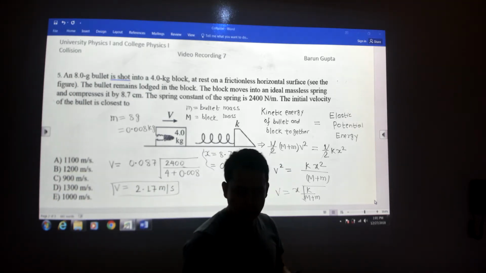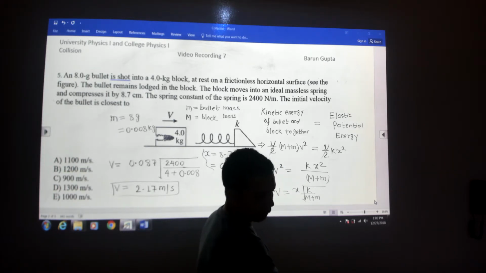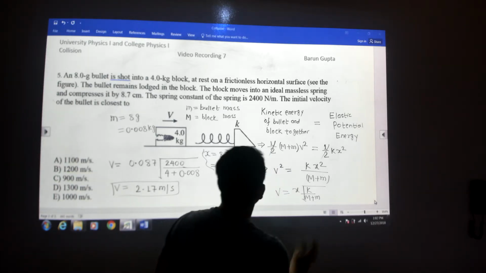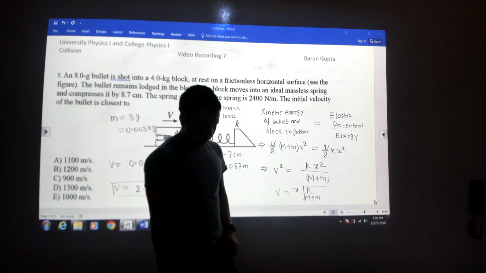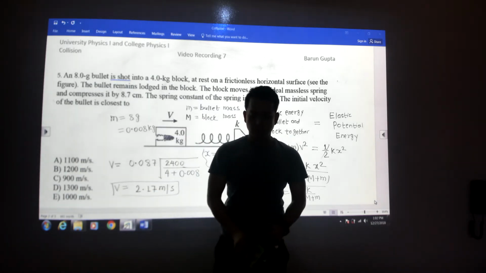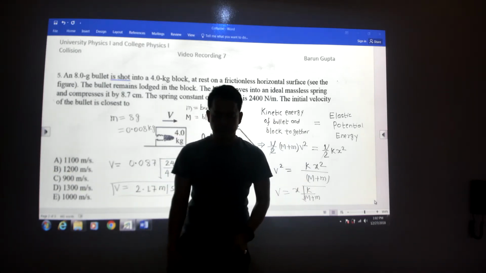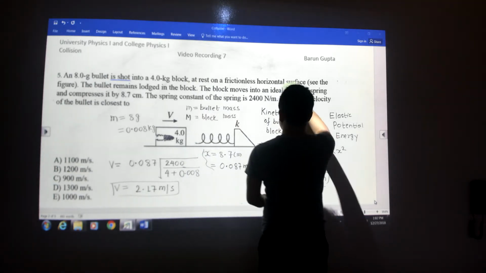And now you need to find out the velocity of the bullet. Now we're going to use the conservation of linear momentum. I have to erase this side. If you're taking notes, you may pause the video at any moment and take the notes.